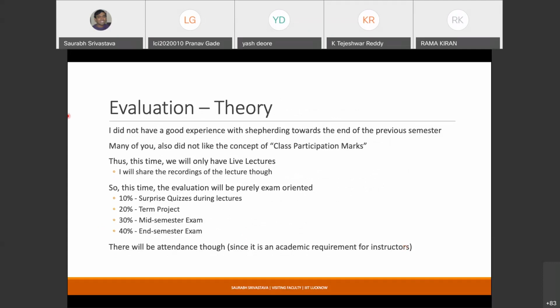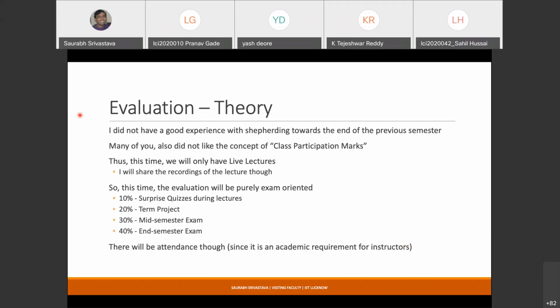So this is the part that probably you guys may have been interested in. How would the evaluation work? Now, I actually did not have a good experience with shepherding last time. It was a mixed response. Many of the students were not happy with shepherding right after I sent you the marks for class participation.